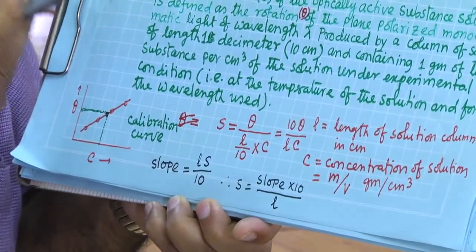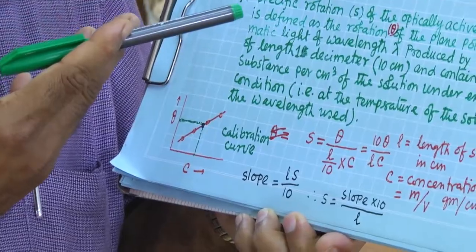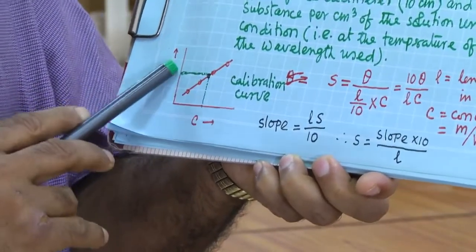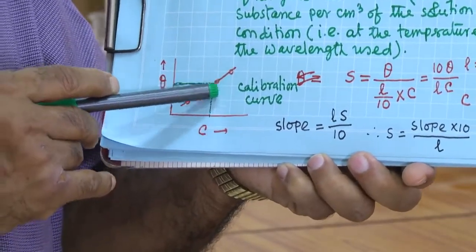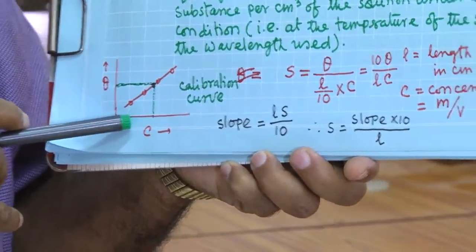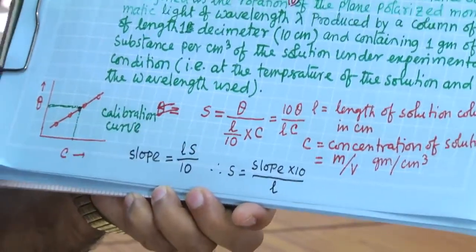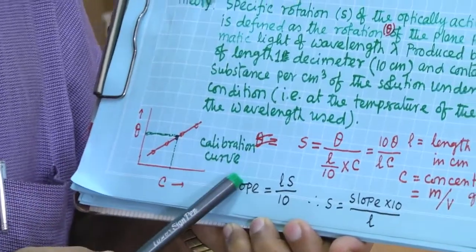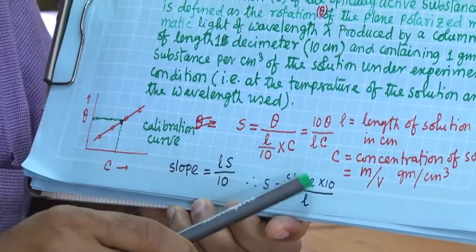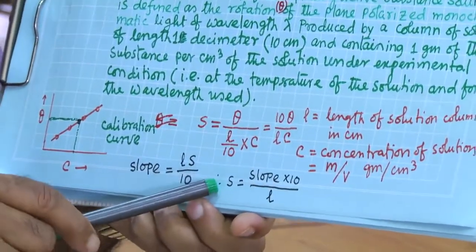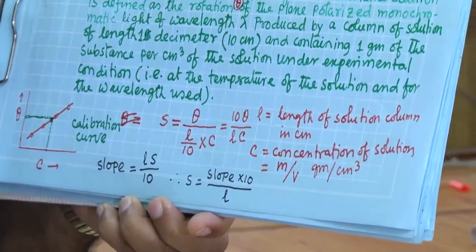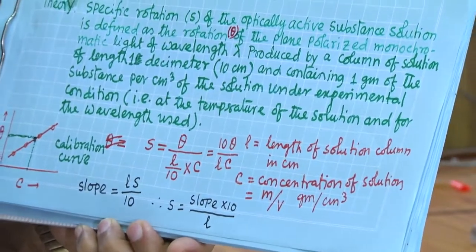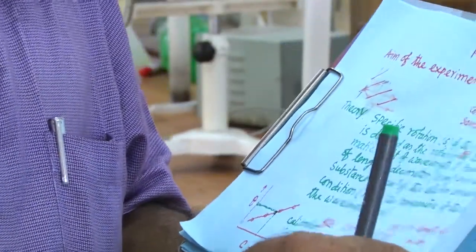Experimentally we will measure the angle theta, and then for that theta, from this graph itself you can find out the concentration C, or if the slope is calculated, and from there you find out the specific rotation, then using this experimental result of specific rotation, you can find out the concentration of the unknown solution. Okay. So, this is the theoretical part of this experiment.